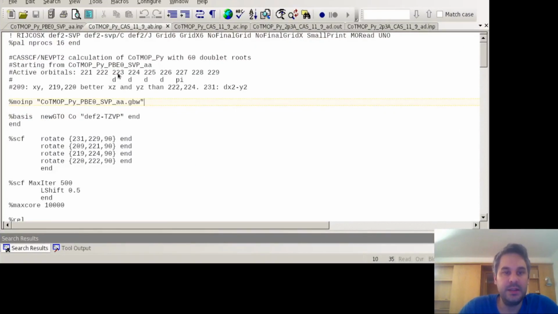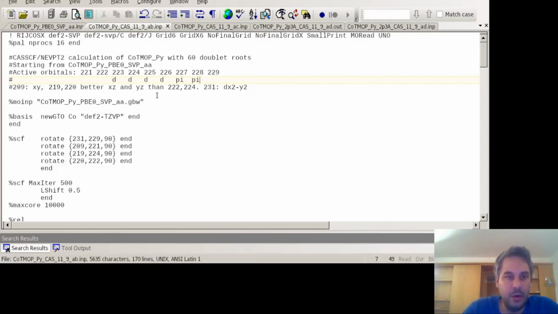So I wrote that the 223, 224, 225, and 226 have d orbital character, and 227 has a pi orbital character. So 227 is one of the orbitals I want, and I write this also for 228. 229 is not one of the ones we want.